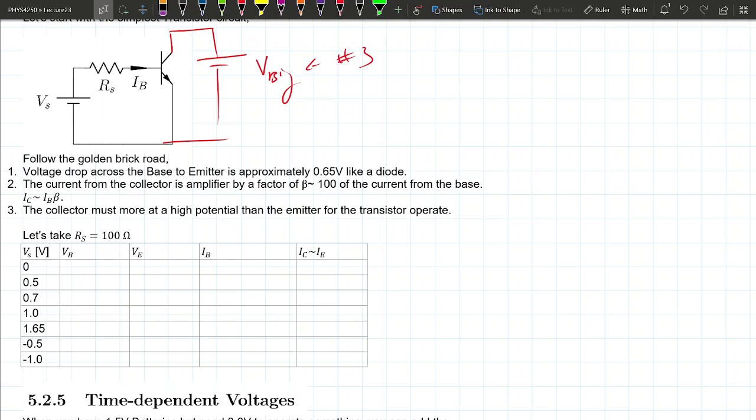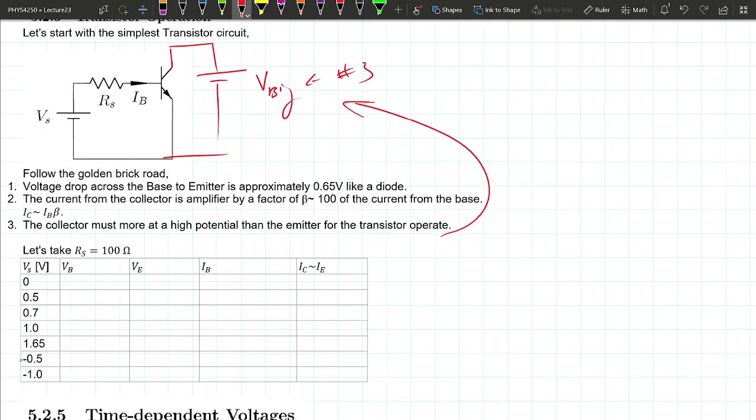The collector must be at a higher potential than the emitter, which I already fixed by putting a power supply across the collector and the emitter, with the collector at the high potential and the emitter at a low potential. So let's say the voltage at this point is 0.